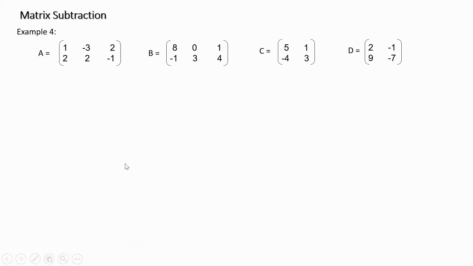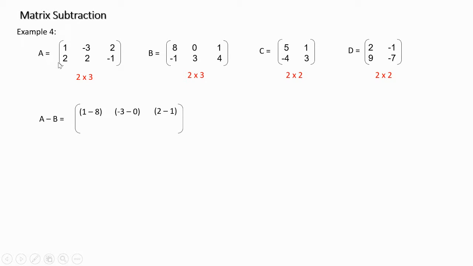Now, subtraction. Subtraction is the same thing, right? They have to be the same size. So again, I use the same matrices, but this time we're going to subtract them. A minus B is going to be 1 minus 8 on the first row, first column, and then negative 3 minus 0 on the first row, second column, and 2 minus 1 on the first row, third column.